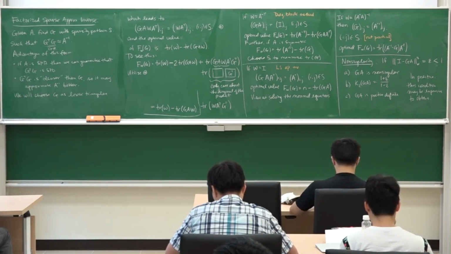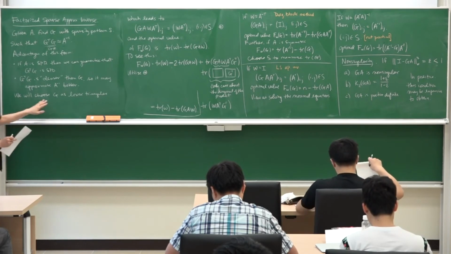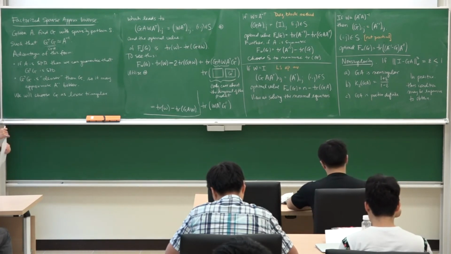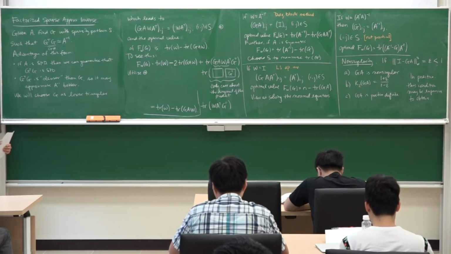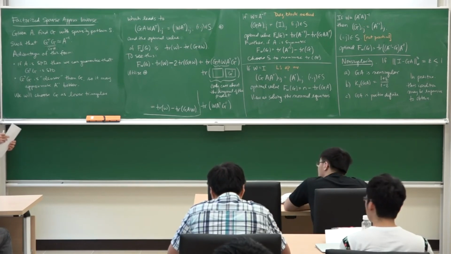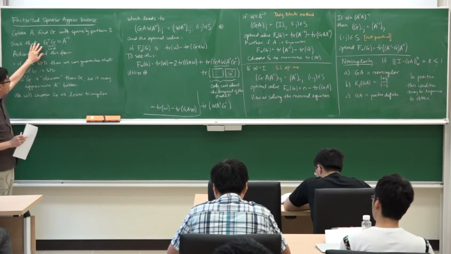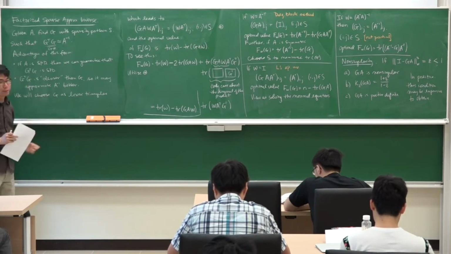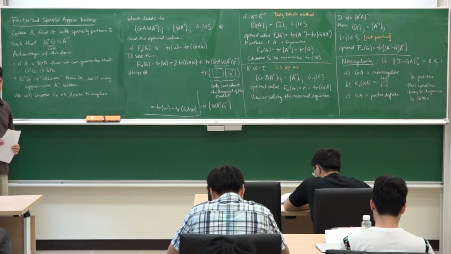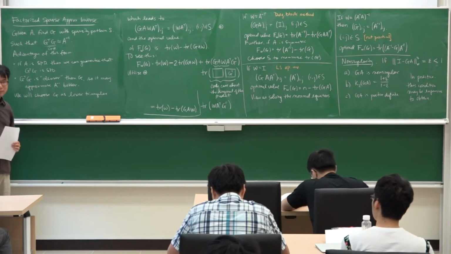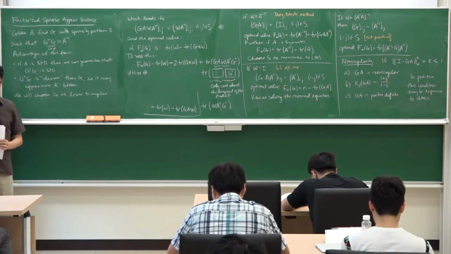So we're going to choose G as lower triangular. I've actually spent some time trying to invent some sparse approximate inverses in factorized form that are not triangular. You can try to experiment with that and see if you can get some things that are better, but the results are not very conclusive.